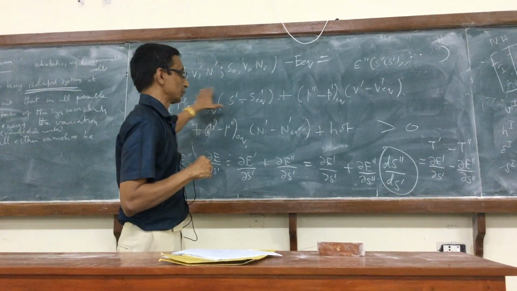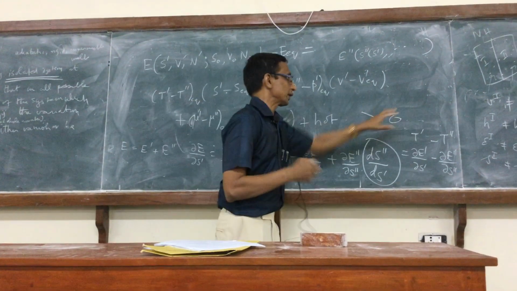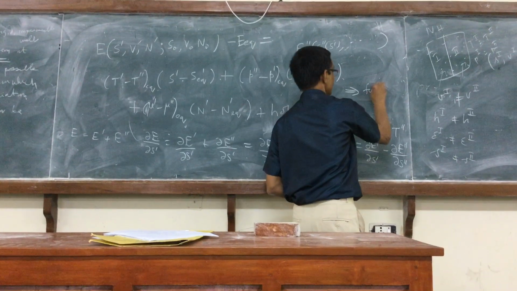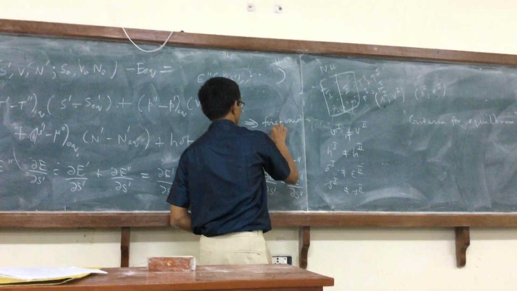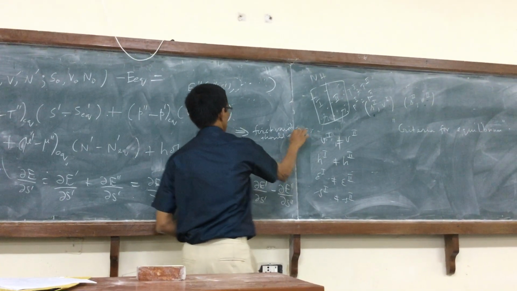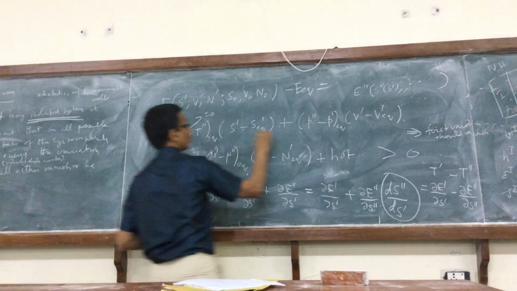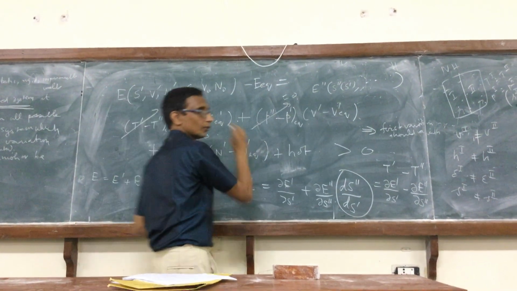E must be a minimum. That is implied by this, and without proof, I will say that the first variation should vanish. That means all the coefficients in the first order expansion are zero: this is equal to 0, this is equal to 0, and this is equal to 0.